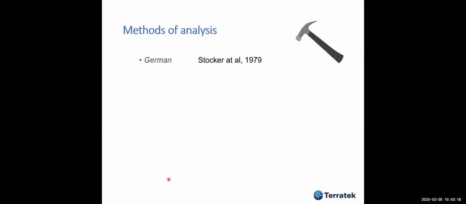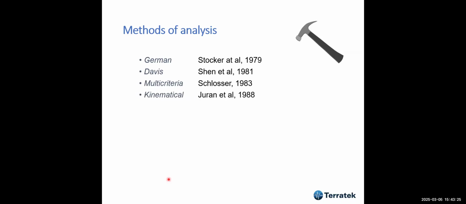So the first one was German by Stocker, Davis, multi-criteria by Schlosser, a French professor, kinematic by Juran, also a French professor, Cardiff method by Bridle in 1989, yield method, and I developed my own, which was very simple. I used the STABL program, which was developed originally by Purdue University, and I just included the effect of the nail in tension, okay?